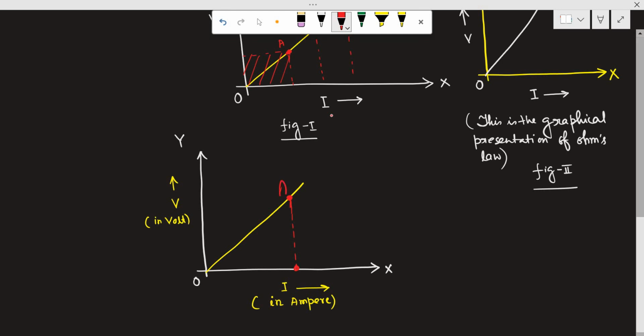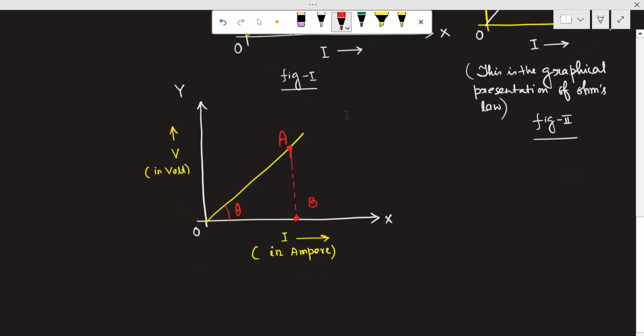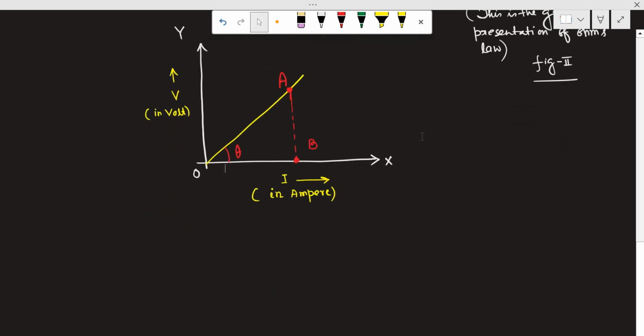This is suppose point A and this is point B. So it's a right angle triangle. Suppose this angle is theta.